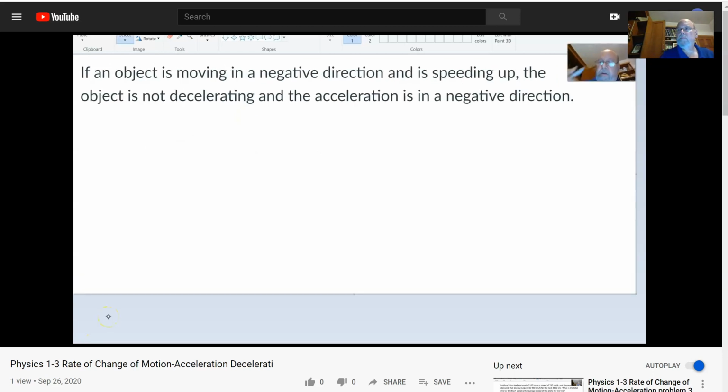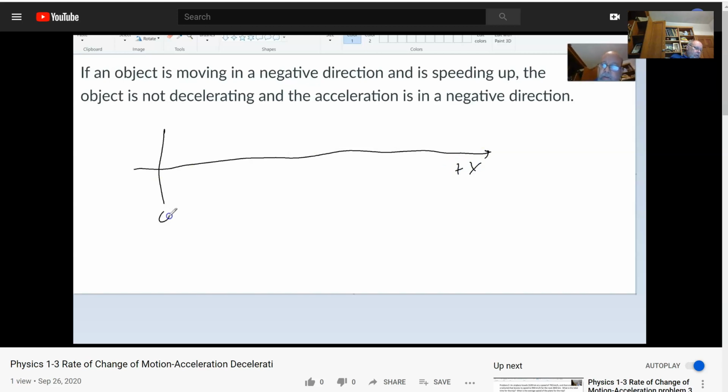Okay, what about this situation? What if the object is moving in the negative direction and is speeding up? So again, we draw our motion diagram. We have our positive values to the right, and we know the object is moving in a negative direction, and it's speeding up.